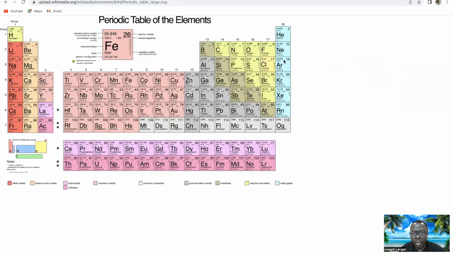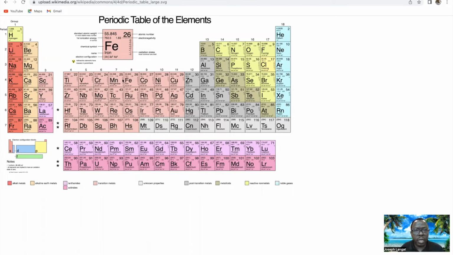If I look at the atomic mass of argon, it is 39.948, but for potassium it is 39.098, so obviously potassium weighs less and argon weighs more than potassium. So if we take potassium, place it here and then argon here, we will be mixing metals and non-metals. This is not the only one; I'm just using this as an illustration.